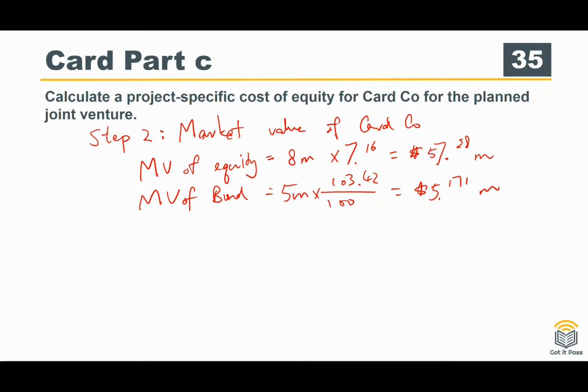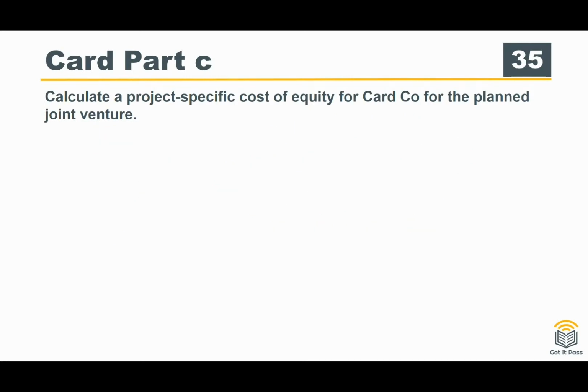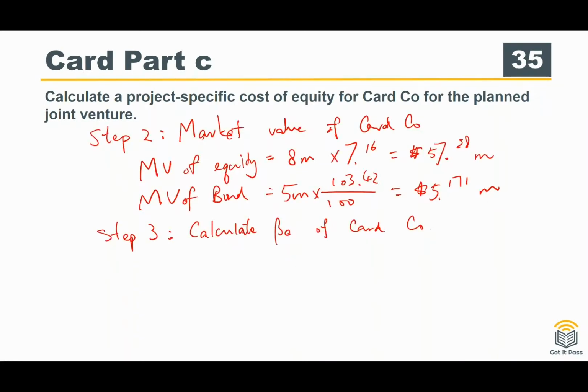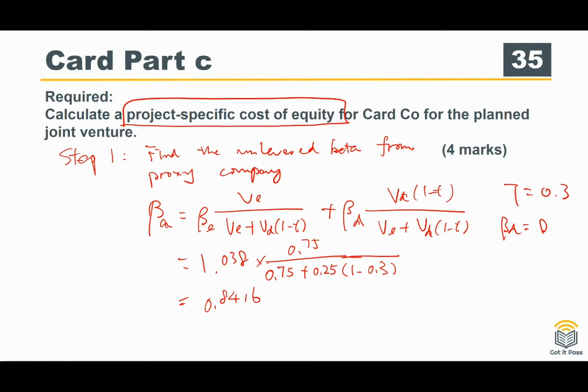And then you can apply these numbers to work on the third step, step 3. You have to calculate the equity beta of Card company. Because you have the asset beta, which we just worked out, the unlevered beta in the same industry should be 0.8416.